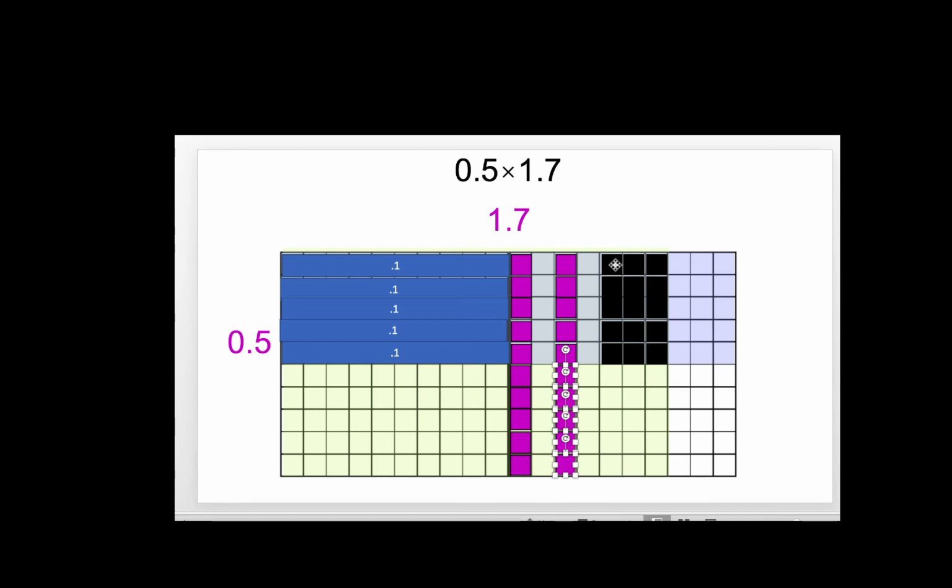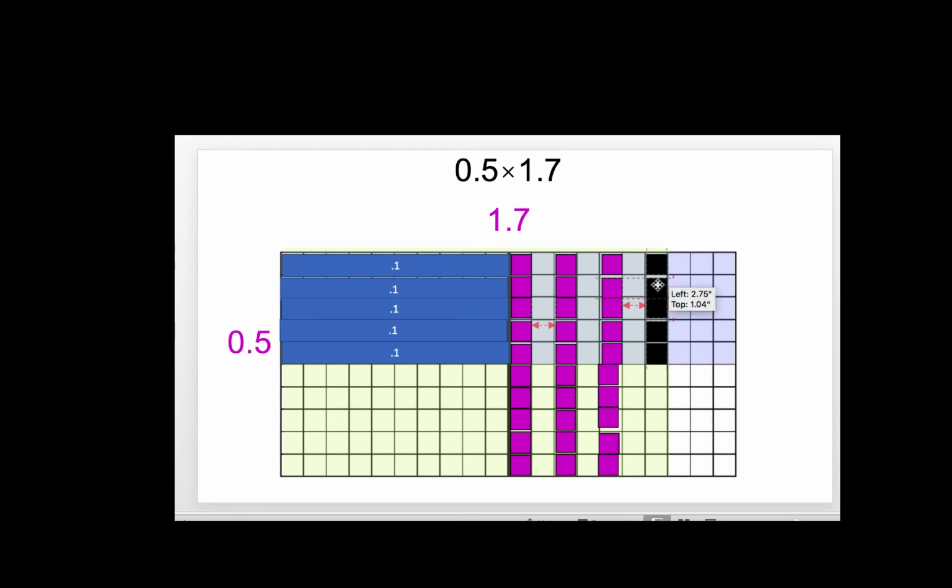So it's another 0.1. So I have another 1, 2, 3, 4, 5, 6, 7, 8, 9, and 10. So again, I have another 10 100ths, which equals 1/10.